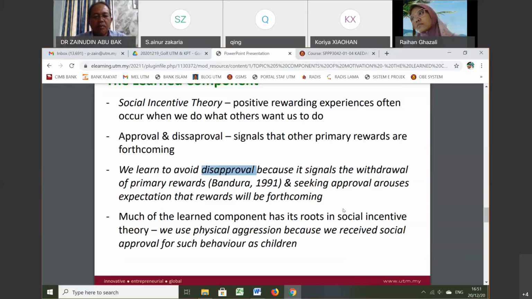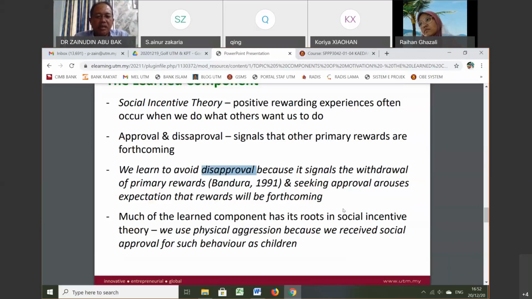Because how we react to the responses, how we react to the behavior, the students' action in the teaching and learning session, that can give some sort of indicator to the learner about approval or disapproval.